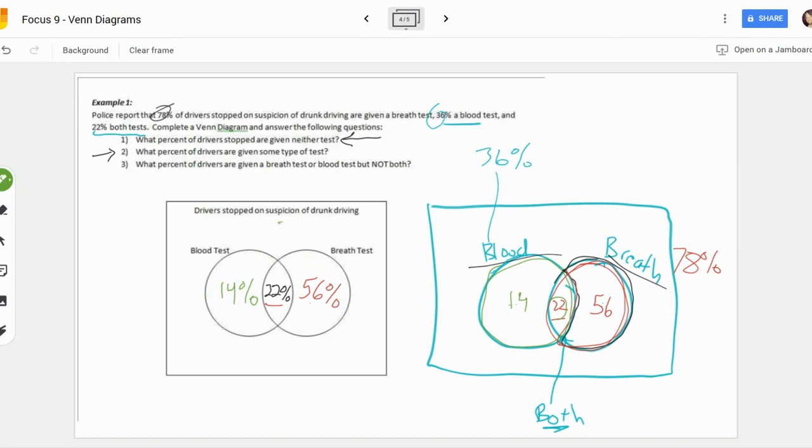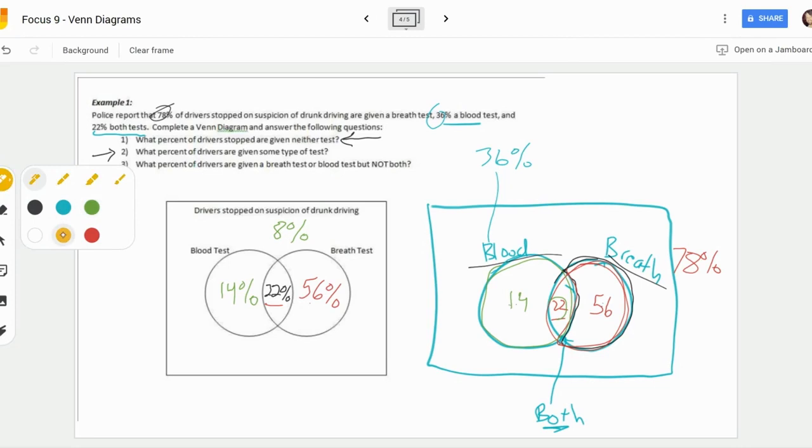That would mean that 8% is on the outside because it's got to add up to 100. 100% of people who are stopped are either given a blood test, a breath test, or neither test. And then there are some that aren't given any test. So we kind of answered all of our questions already just by filling out the Venn diagram.